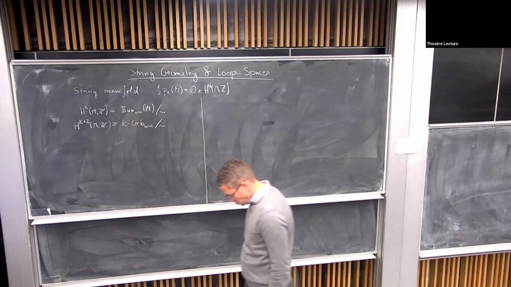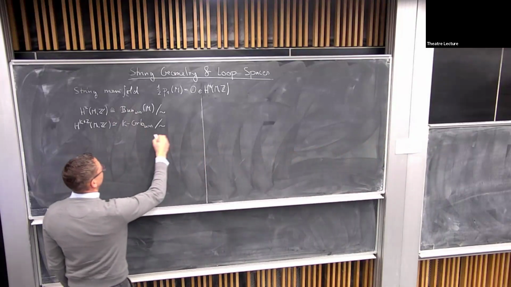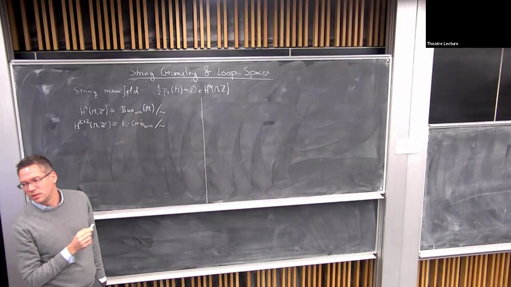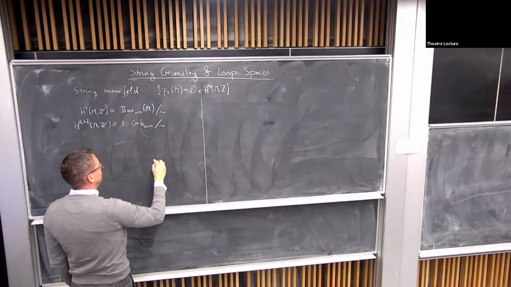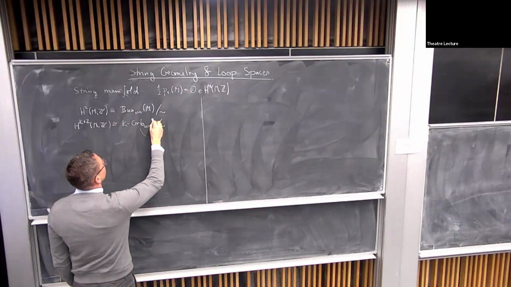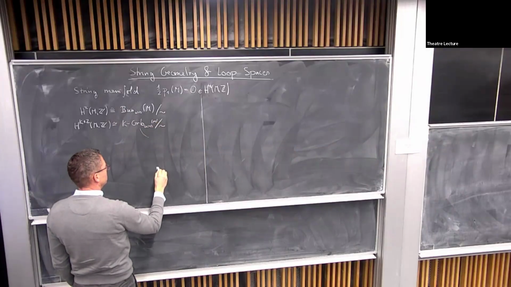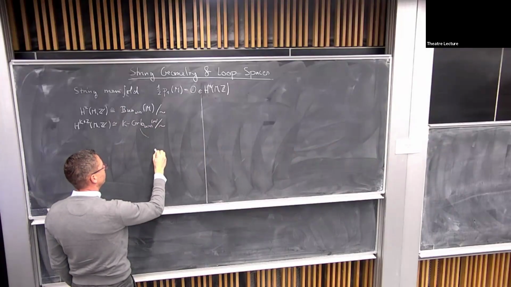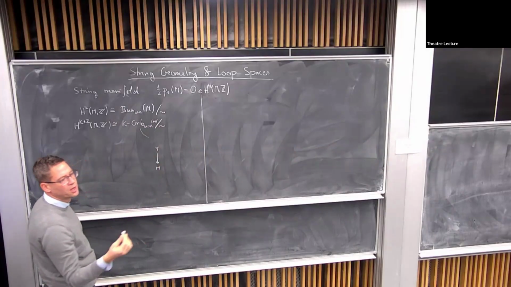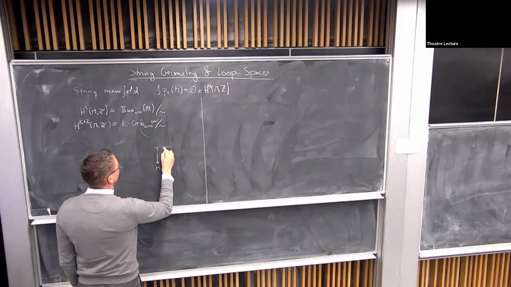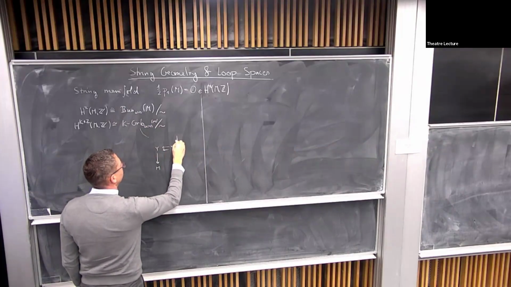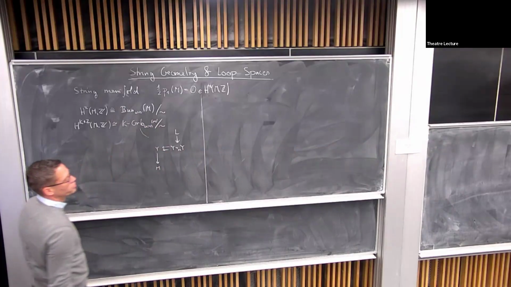Okay. So I don't want to introduce the things in detail, but just to remind you, a bundle gerb is a structure that looks like this, over M of course. You choose some kind of cover of M, some resolution, it can be an open cover, it can be a fibration, it can be anything. And then on the double fiber product, you have a line bundle or U1 bundle.